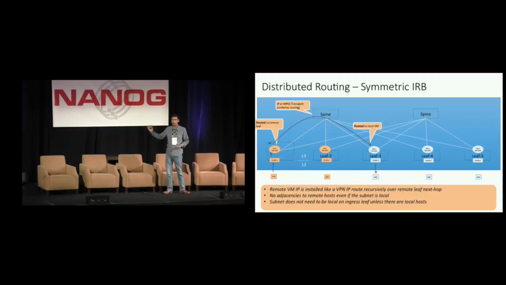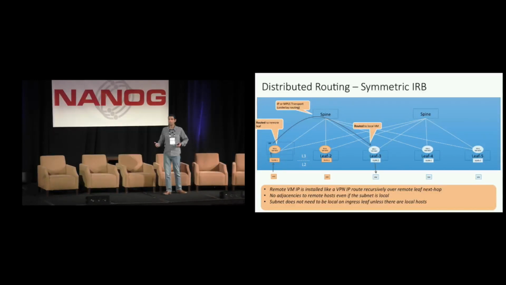And for all the remote hosts in the EVPN overlay, the ARP entry is replaced by a routing entry that is installed directly into the IPVRF based on the MAC plus IP route type 2 advertisement from the egress leaf.